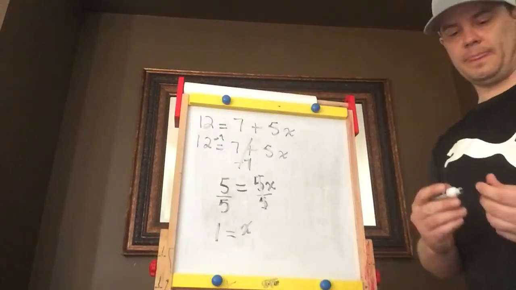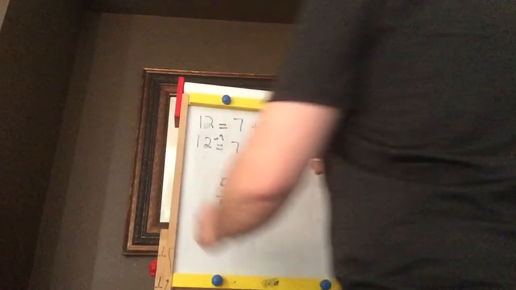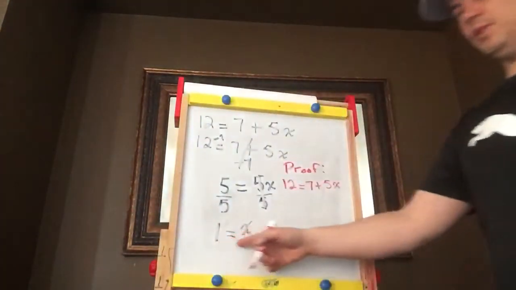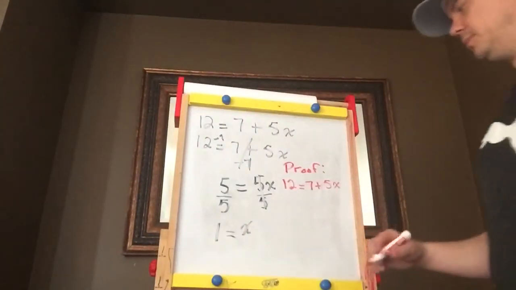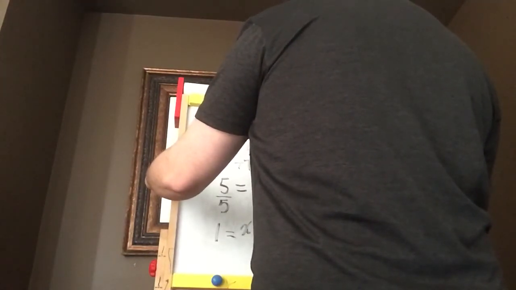Okay? Try and squeeze my proof in here. Okay, we know now that x equals 1, so we can replace the x with 1. Becomes 12 equals 7 plus 5 times 1.